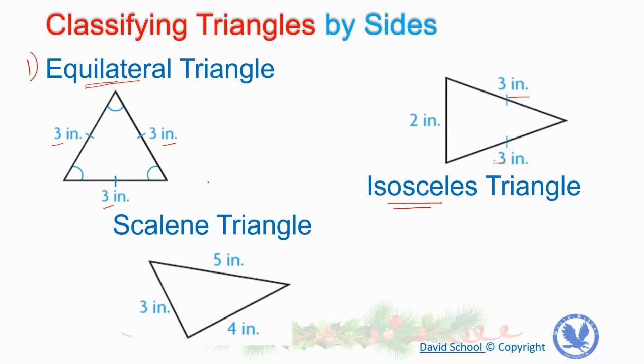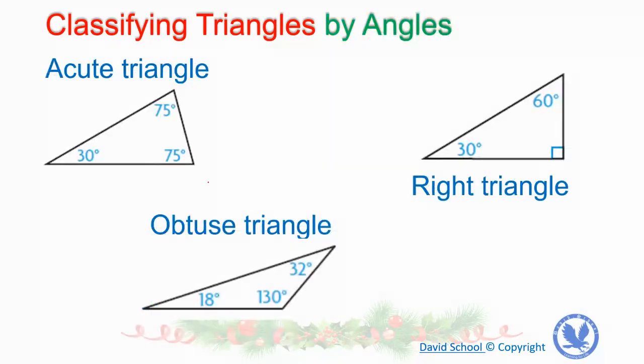We also have another classification of triangles, by angles. Acute angle triangle. If you see the first triangle, all the angles are less than 90 degrees. So if each angle is less than 90 degrees, such a triangle is called an acute triangle.